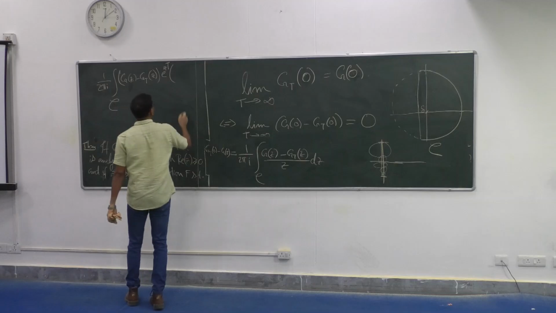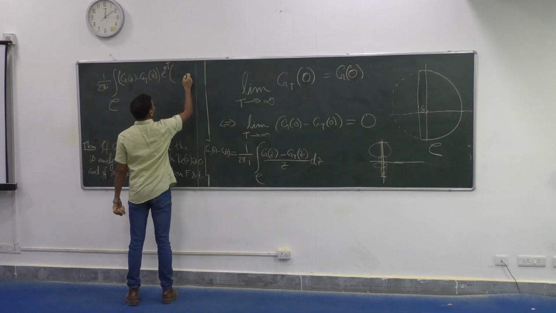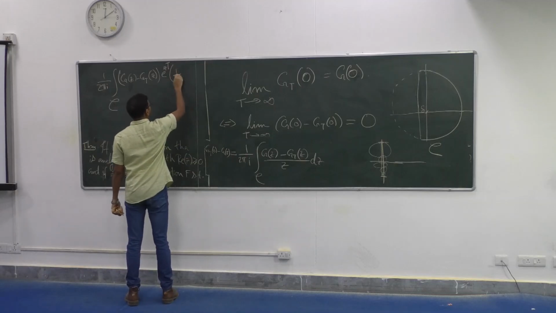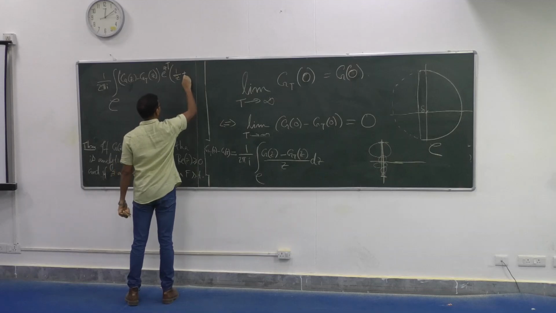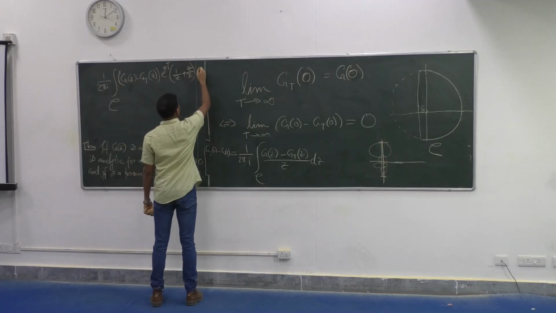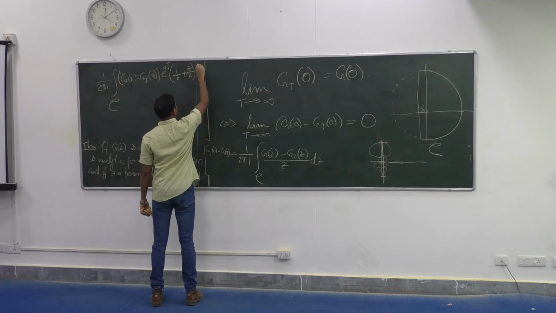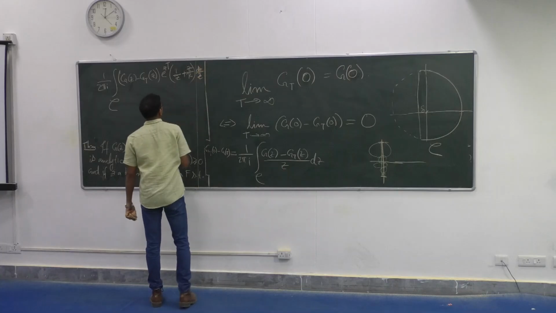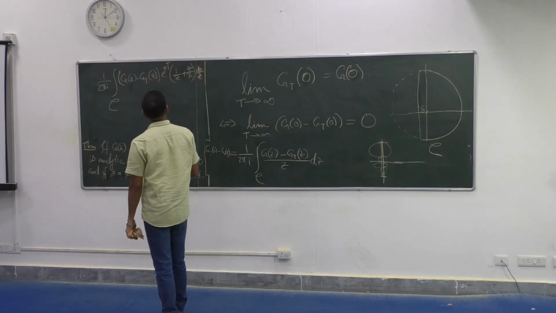Then 1 by z plus z by r times dz by z. What do you mean?